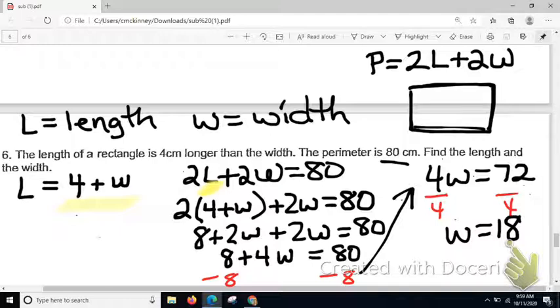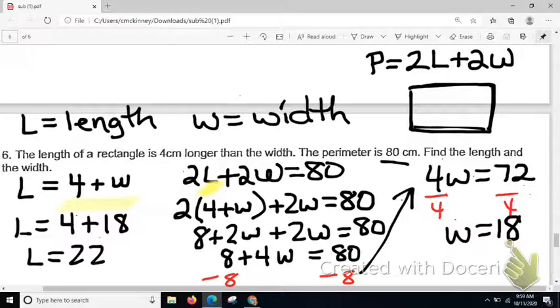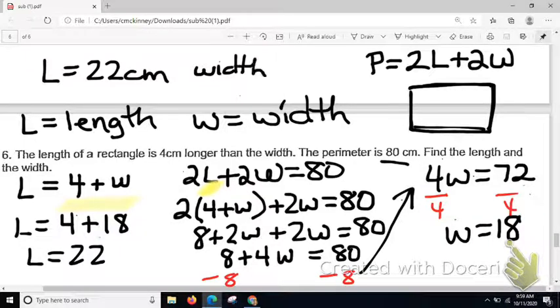I was doing a little thinking ahead and knew that that was not going to work. So my width is 18. And if my width is 18, then my length is 4 plus 18. So my length is 22. So then I would say length 22 centimeters. And my width is 18 centimeters.